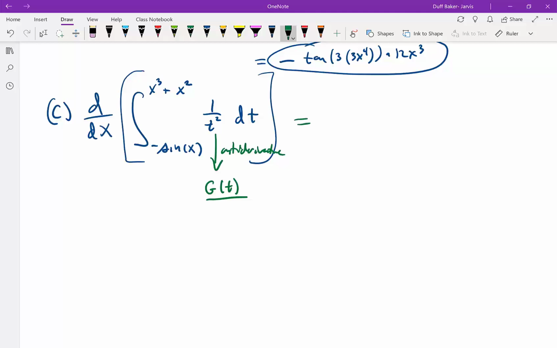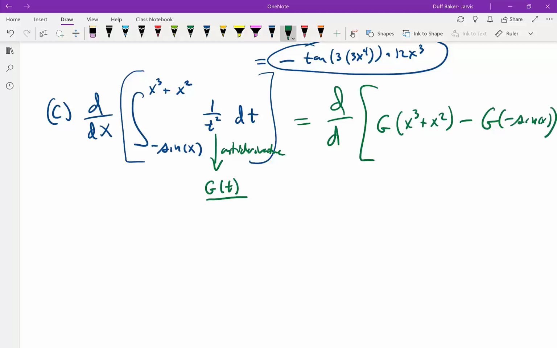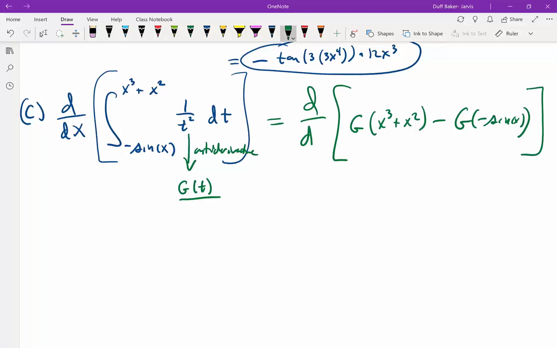And so this would be the derivative. And then to compute an integral, you take the antiderivative and you plug in the top, minus plugging in the bottom. Okay, and then when you take the derivative of this, you get g prime with the same interior times the chain rule.